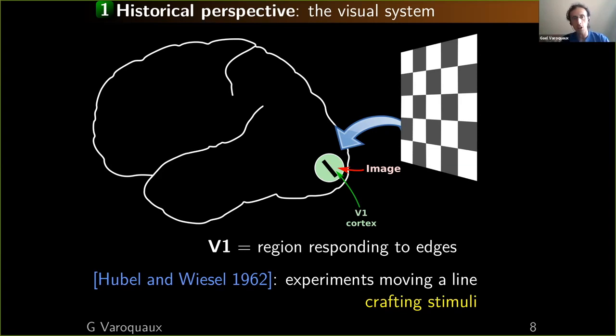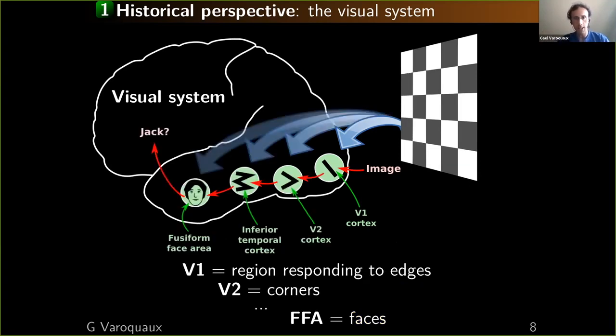And so the model of V1 is an edge vector. And so people have come up with more and more complex stimuli and shown that different regions of the brain respond rather specifically to these more and more complex decompositions of the stimuli. And so we have this idea of a cascade of regions that are tuned to different aspects of the stimuli, going from low level to high level, ending up with regions such as the fusiform face area, which is understood as being tuned to faces.